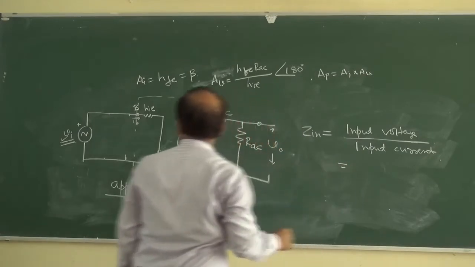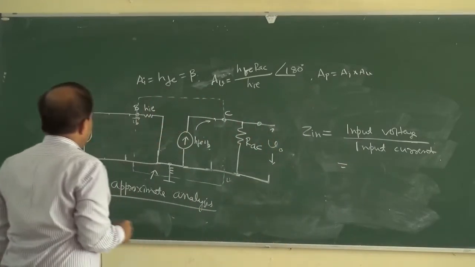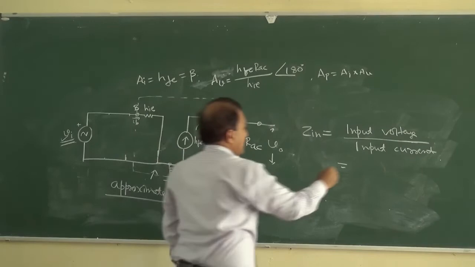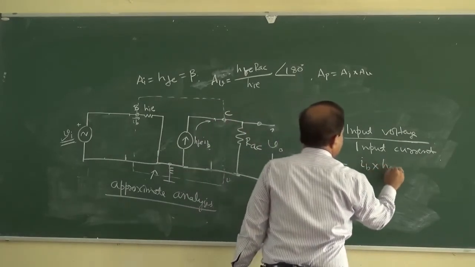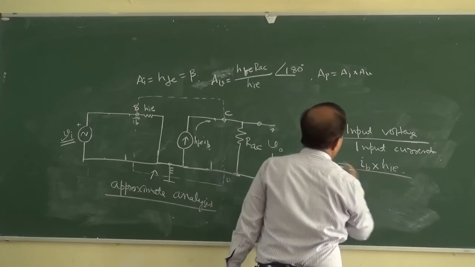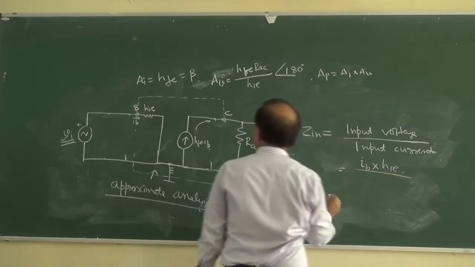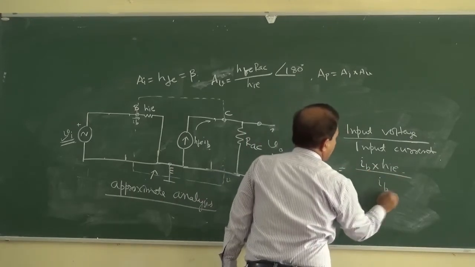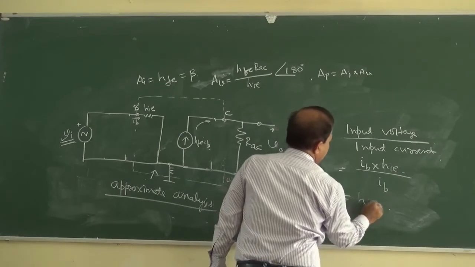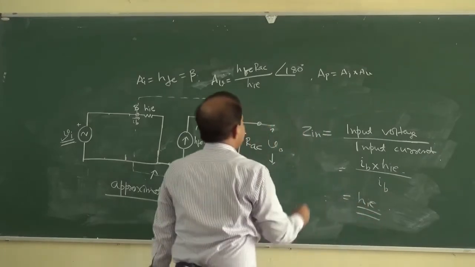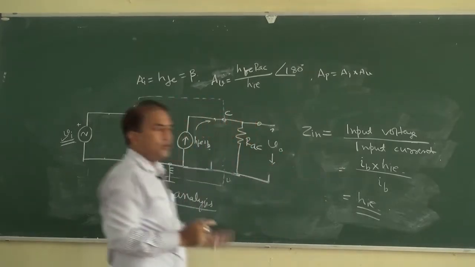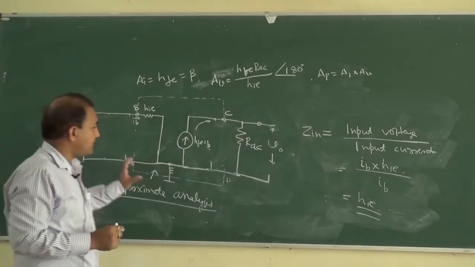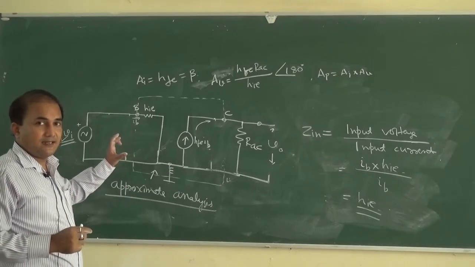So input voltage is IB multiplied with HIE, divided by input current IB. So it is equal to HIE. So Zin is equal to HIE. This is for approximate analysis.